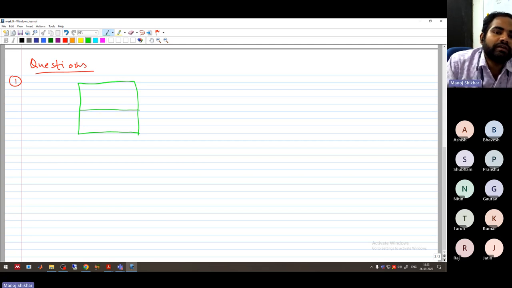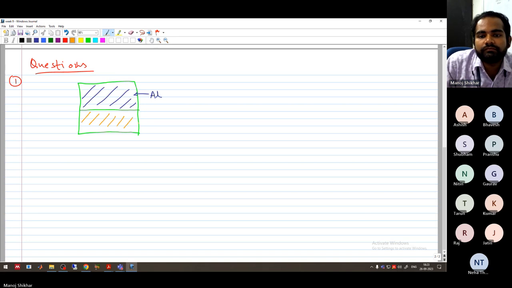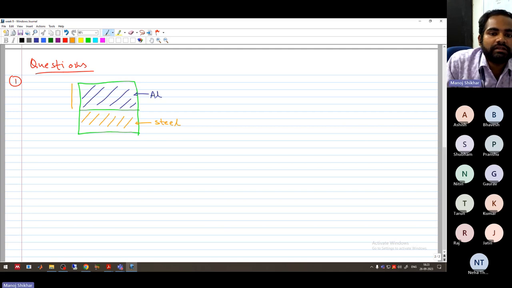If you have any doubt while I explain, you can unmute yourself and ask, you can write in the chat, you can post on the SWAYAM portal discussion forum. This is aluminum. This is steel. This height is h.